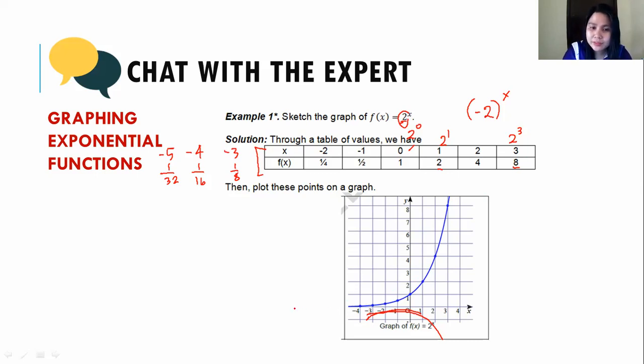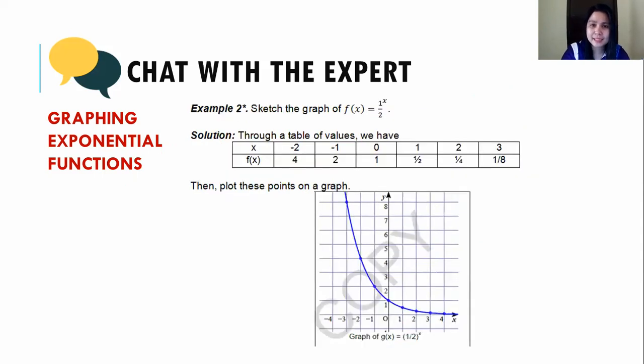We call the x-axis the asymptotic line. Remember I told you last time, what's an asymptotic line? You get closer and closer to each other, but you are not meant to be together. So that is an asymptotic line. It gets closer and closer to 0, but it will never reach 0.